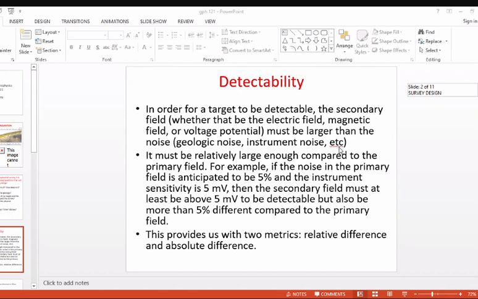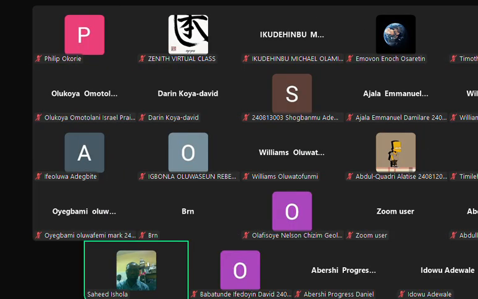What do we call secondary field? Let me go to the whiteboard now so that you can have an understanding of what secondary field is.